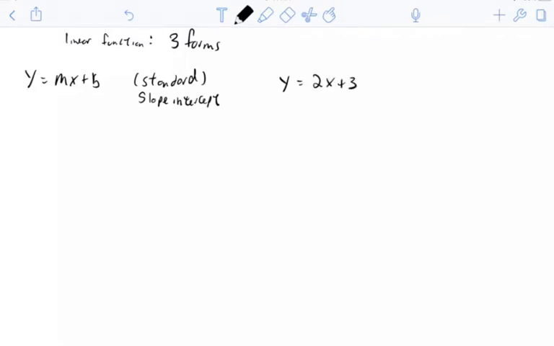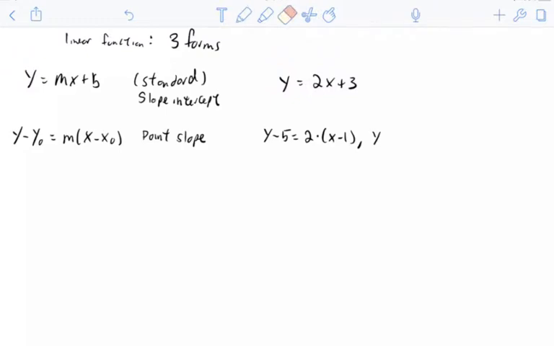There are other ones. Here's another form. y minus y naught is equal to m times (x minus x naught). This is called point slope. And so, for example, y minus 5 is equal to 2 times (x minus 1), and y minus 1 is equal to 2 times (x plus 1), copying them out of my book.